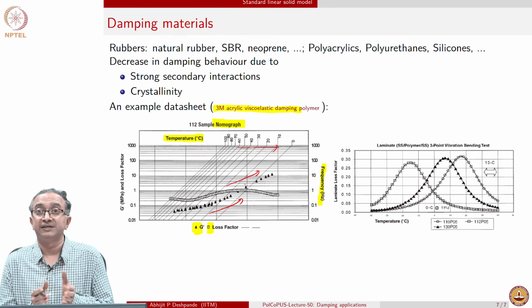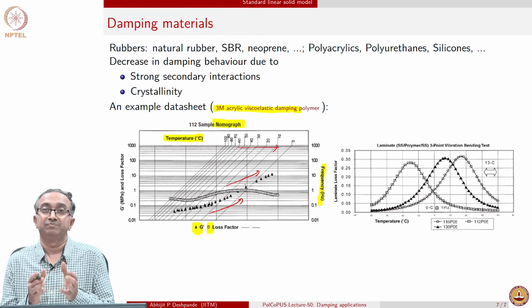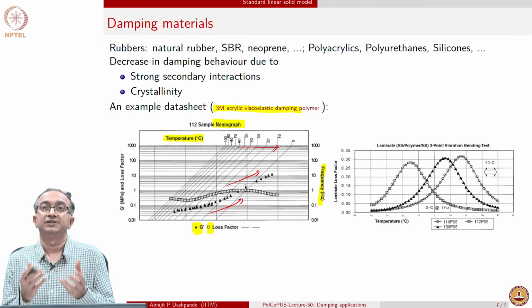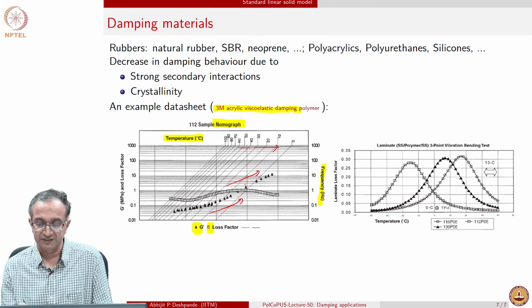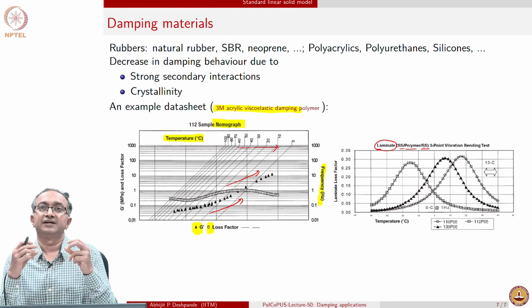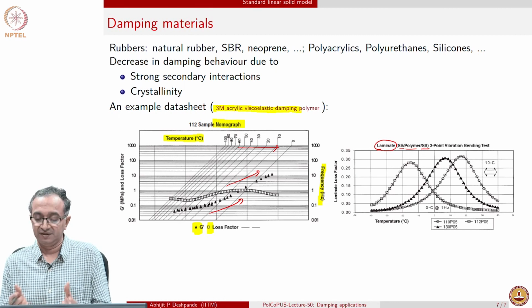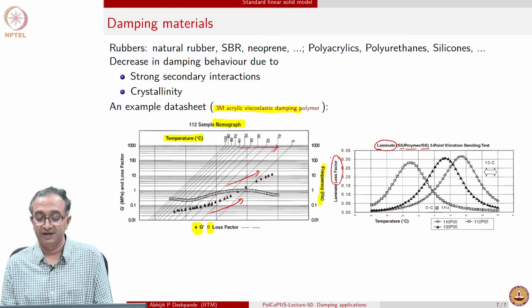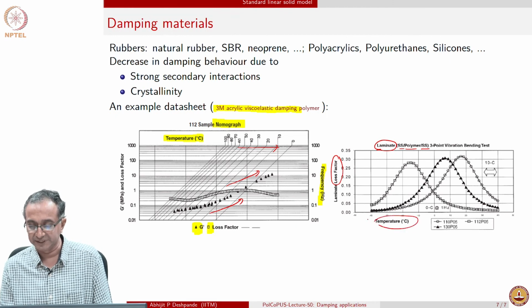Now, how these materials can be tested is we can make a sandwich structure of two different surfaces from which they are supposed to absorb the vibration. So, in this case, for example, a laminate is made which is stainless steel, polymer and stainless steel, and then it is subjected to vibration, and then you can look at what happens to the loss factor of the laminate as a function of, let us say, temperature.